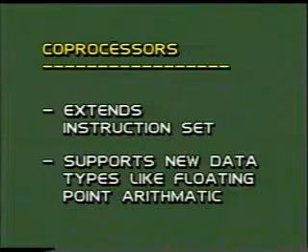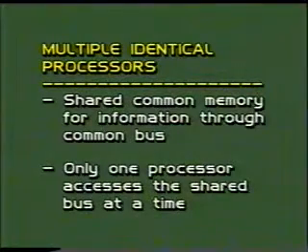This approach provides a powerful and flexible means of extending the basic instruction set and supporting new data types such as floating point operations. In the second case, multiple processors are used which share a common memory for information exchange.